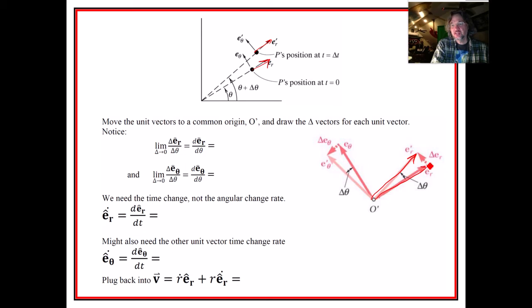In order to make the equation, we would say that e_r prime is going to be equal to e_r plus some change in e_r, and then we could close the loop.